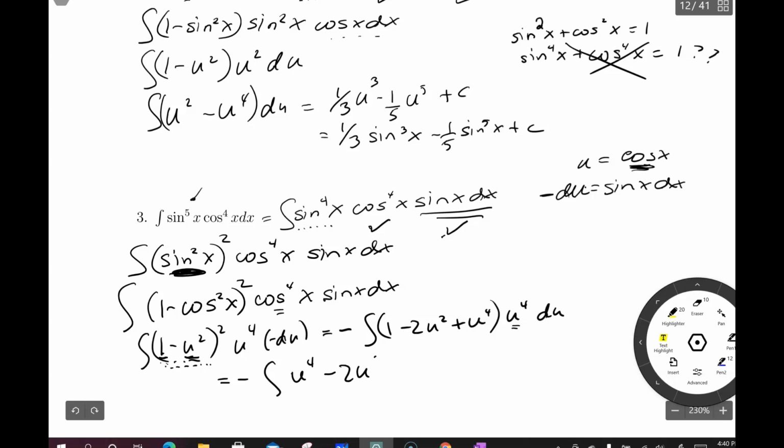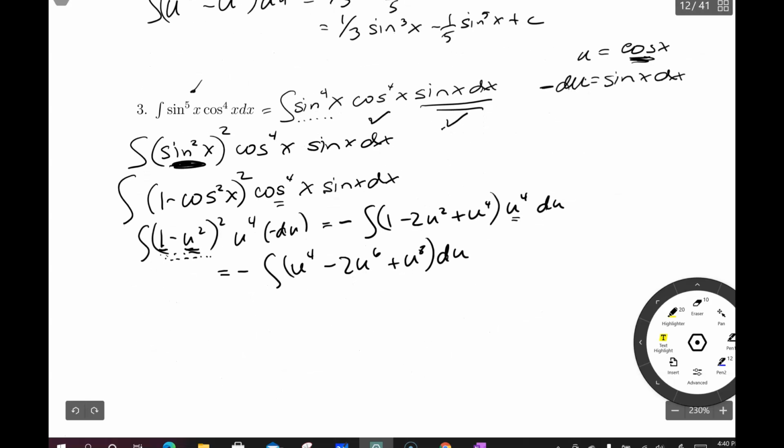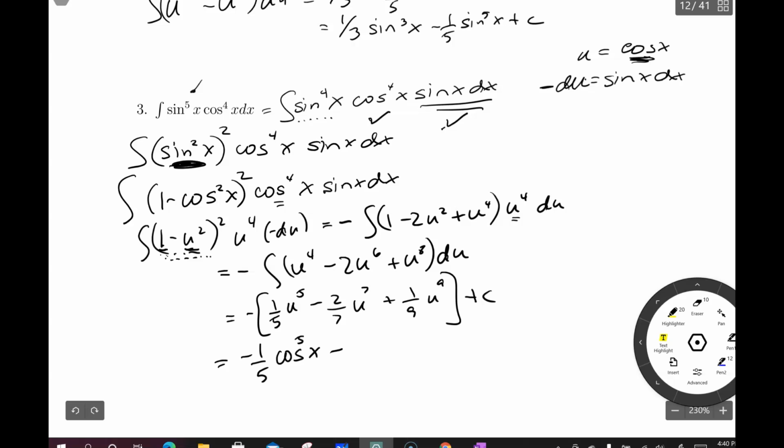Remember, you're adding exponents when you're multiplying them. Now I can finally add one to the exponent. And then take the time to, I can leave the parentheses here, or I can move the negative in, but I'm going to be putting the cosine in for the u's.